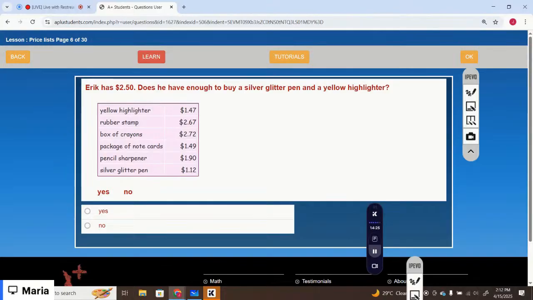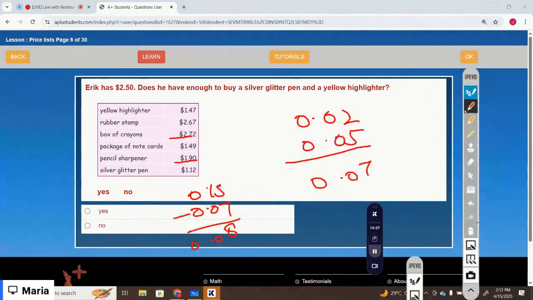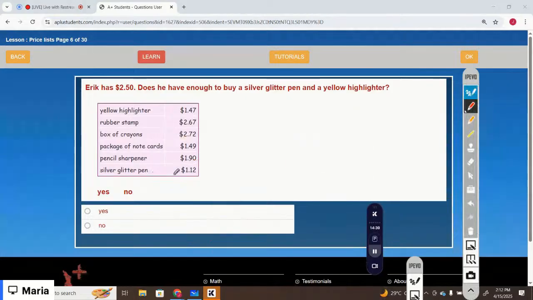Eric has $2.50. Does he have enough money to buy a silver glitter pen and a yellow highlighter? Silver glitter pen is $1.12 and yellow highlighter is $1.47.